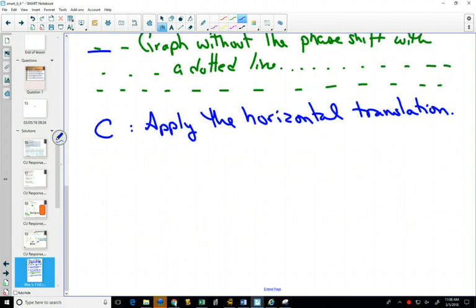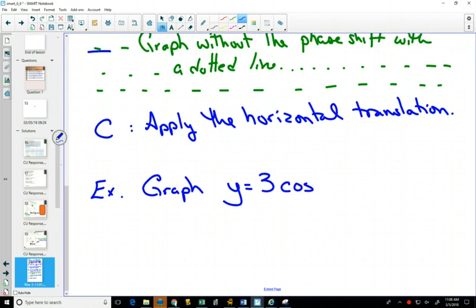So at the bottom of page 351, we'll do an example. Okay, we'll graph y equals 3 cos 2x minus pi over 4 minus 2.